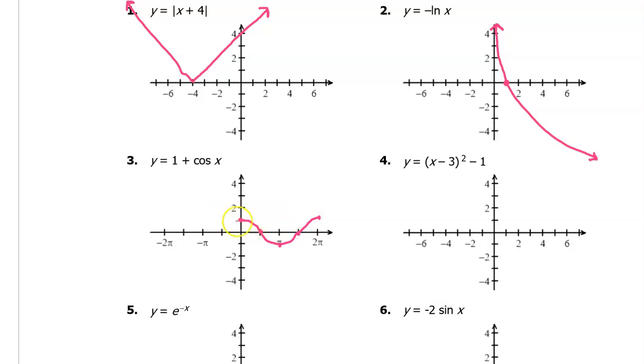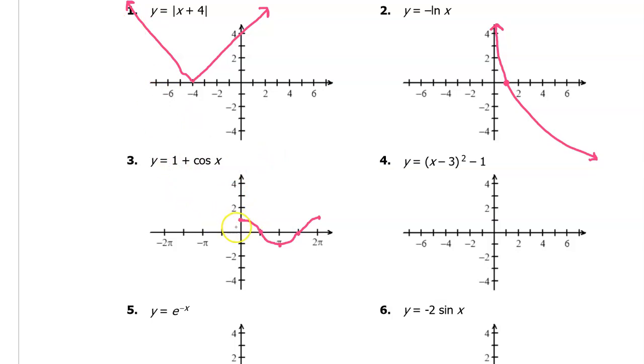And it has a maximum of 1 and a minimum of -1. So this 1 right here, which is the same as if you added 1 on the end like this, has the effect of shifting the entire graph up 1 unit.